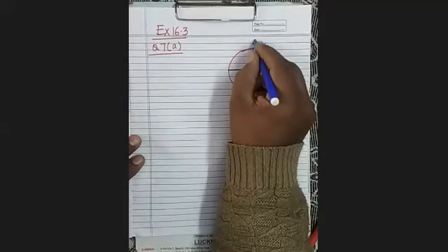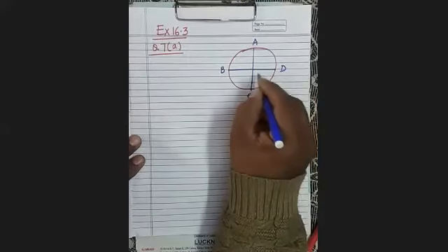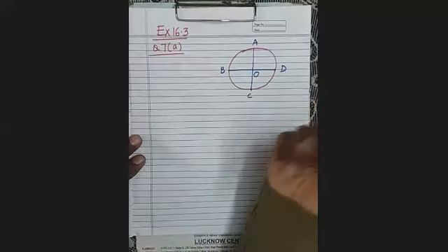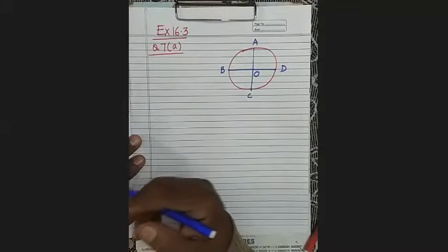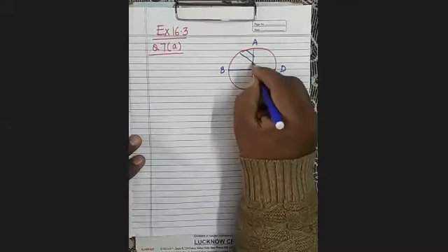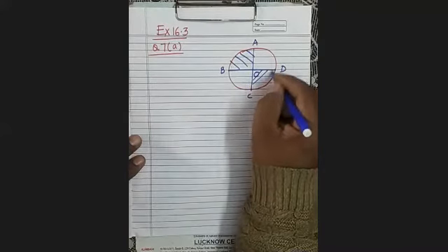These are two perpendicular diameters, AC and BD. Therefore, this will be the center, because perpendicular diameters cut at the center, of a circle. Given the area of the shaded portion, how much area is shaded? This one is shaded and this is shaded.